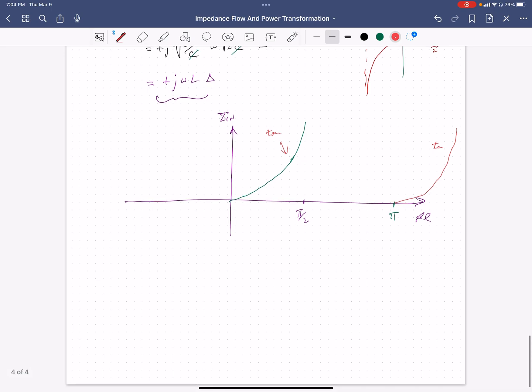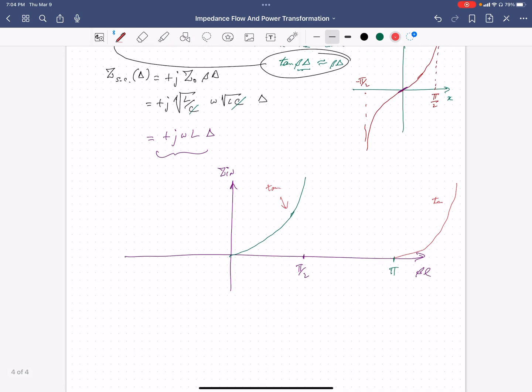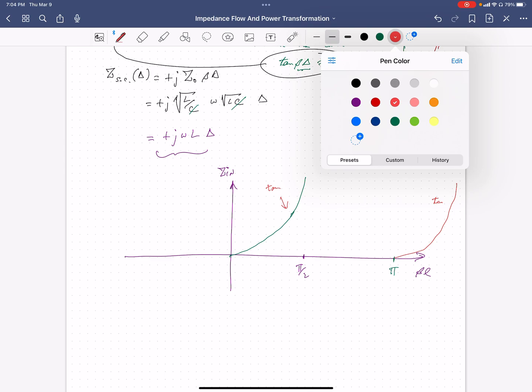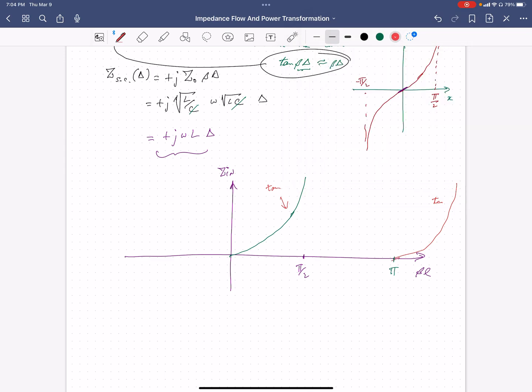But then when you look at what happens in between, it'll look like you have a purely capacitive reactance. This ends up looking like a capacitive reactance, and this positive part looks like an inductive reactance.